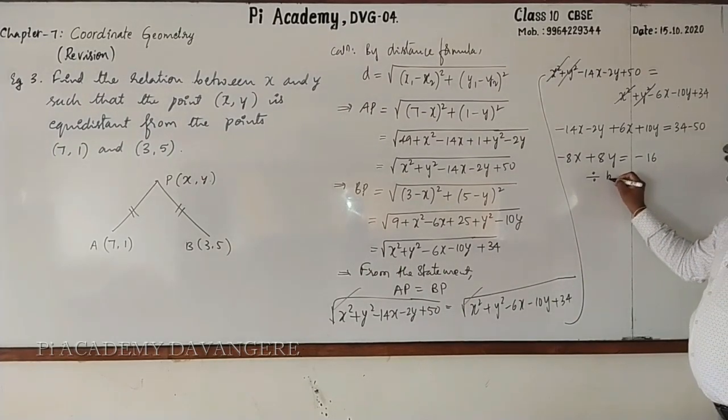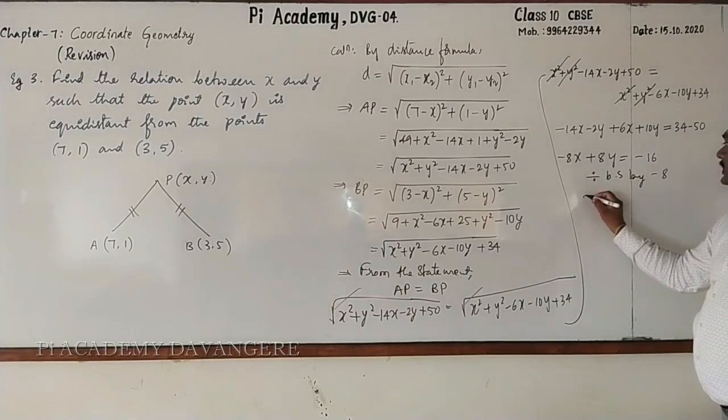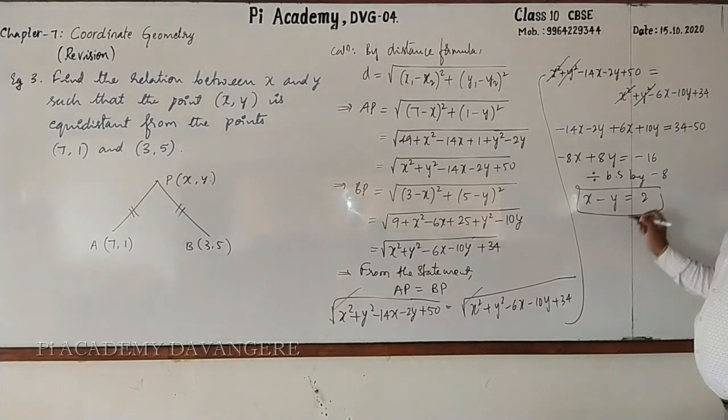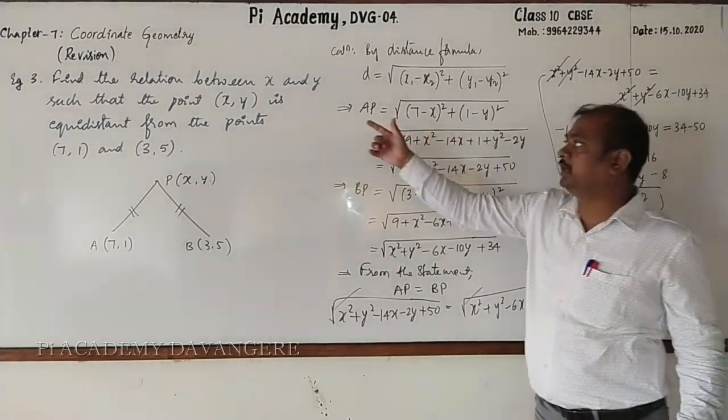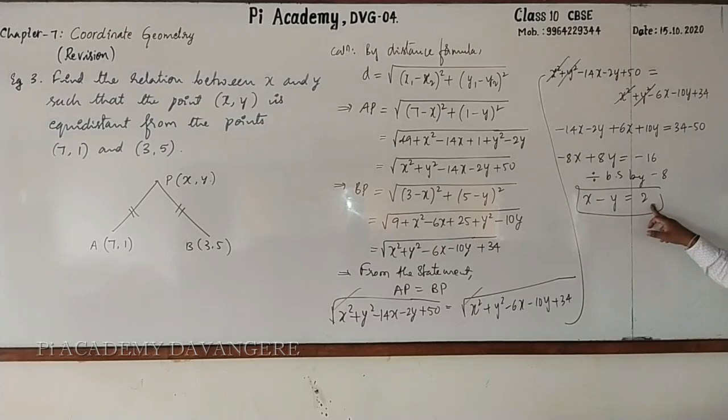Hence, divide both sides by minus 8. Then this will be x, this is y, and this will be 2. The relationship between x and y is x minus y equal to 2, or x equal to y plus 2, or y equal to x minus 2. All of the different possibilities.